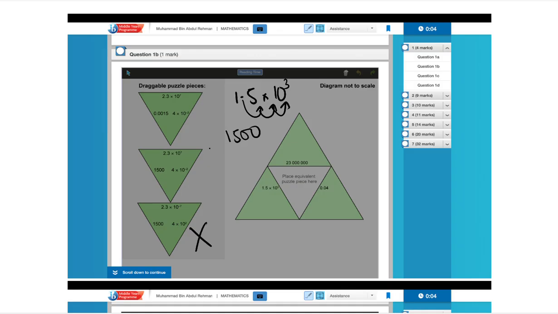So automatically we must know that the answer is going to be this one: 2.3 into 10 raised to the power of positive 7, 1500 and 0.04. We can verify this. 0.04 becomes 4 into 10 raised to the power of negative 2. So that would be the correct answer as well. Okay. I hope this makes sense to all of you.